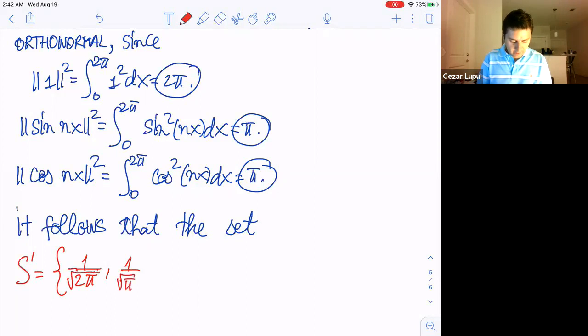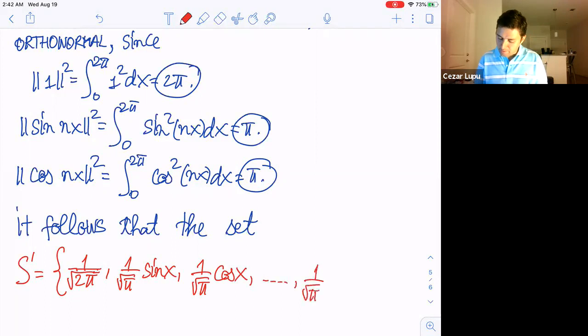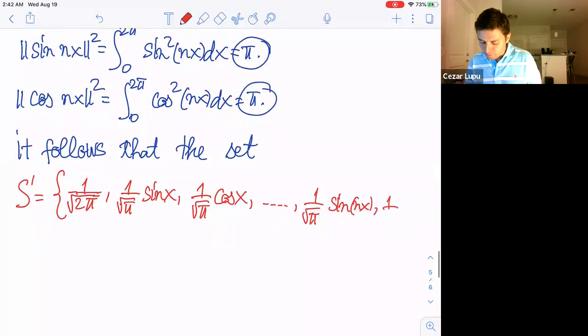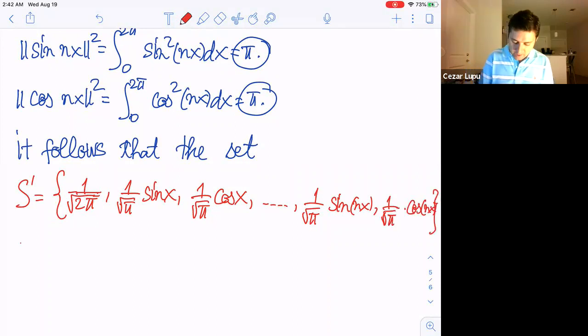Then 1 over square root of pi times sine of x. 1 over square root of pi times cosine of x. And I keep going. And I have 1 over square root of pi sine of nx, and 1 over square root of pi times cosine of nx. This set is orthonormal.